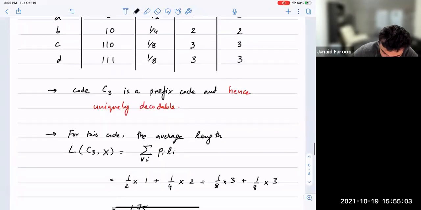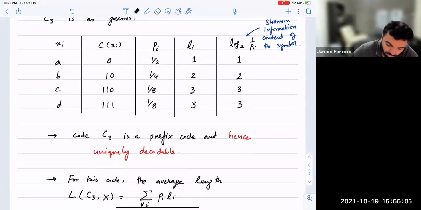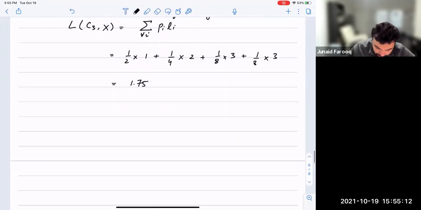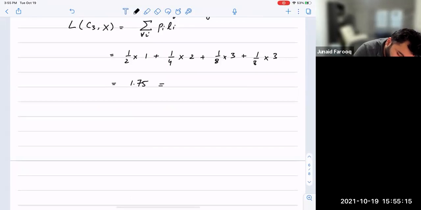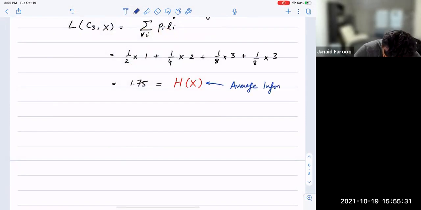Obviously in this case, because the length is equal to the log 2 of 1 over pi, that is the information content. So if you average the information content, obviously you get the same result. So in this case, the average information content is also the same. If you recall, the average information content was referred to as the entropy of the source.